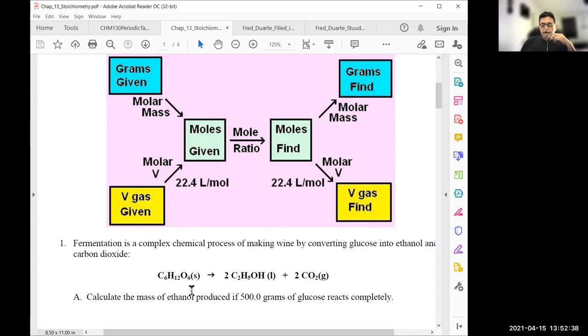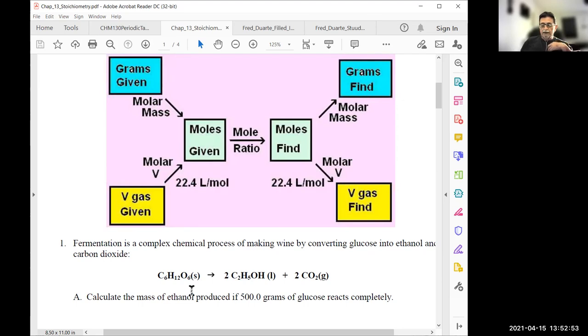Now, the reaction is given here. Glucose is broken down through the fermentation process and creates what we know as ethanol.